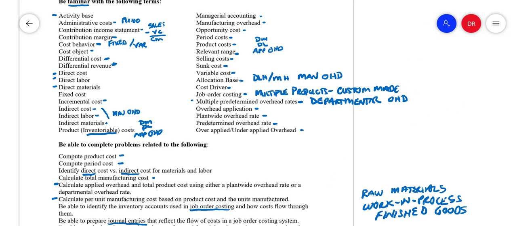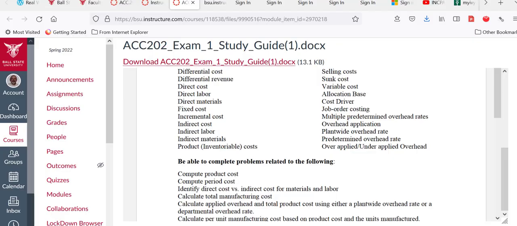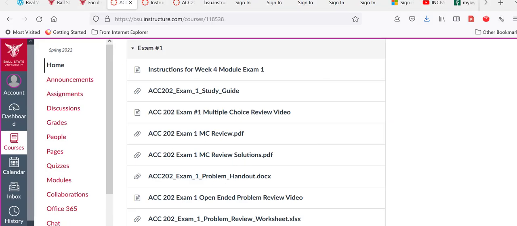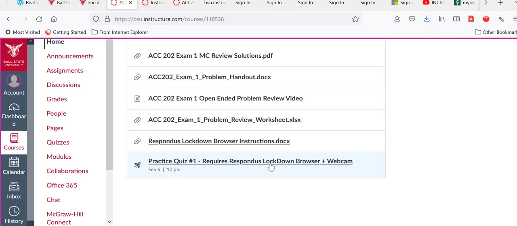All right, the last thing that I wanted to talk about here in this module, we are going to use the Respondus Lockdown Browser. And for anybody who's been taking courses over the last 2 years, you know what this is. You may be new to it, I don't know, but I'm going to go through it here again just in case.